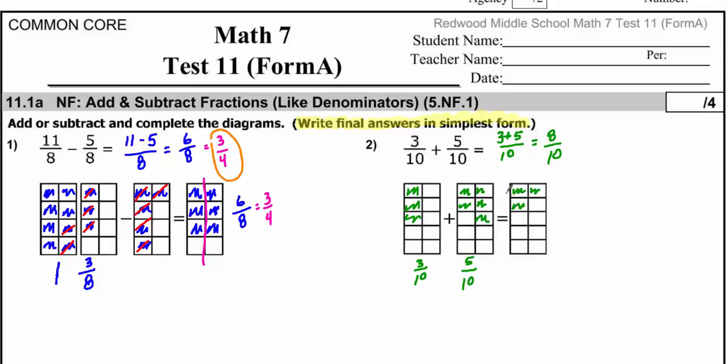And when we get them together, there were the 3. 1, 2, 3, 4, 5. There are the 5. We can see we have 8/10. And just like last time, there are 2 columns here, and each column has 4/5, and that's the simplified version of 8/10. So our second answer is 4/5.